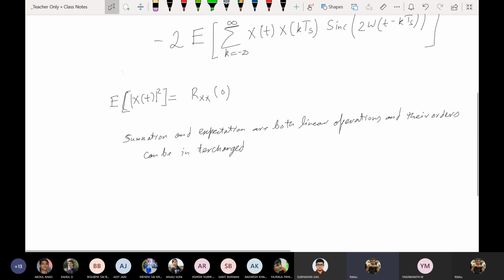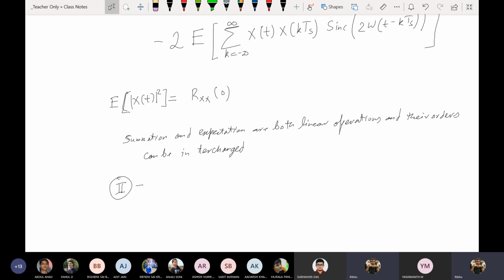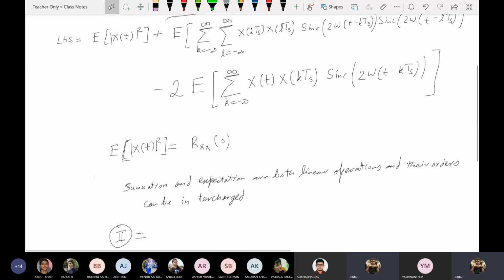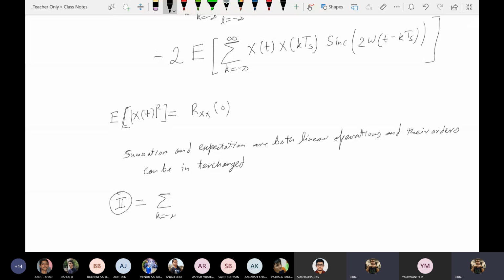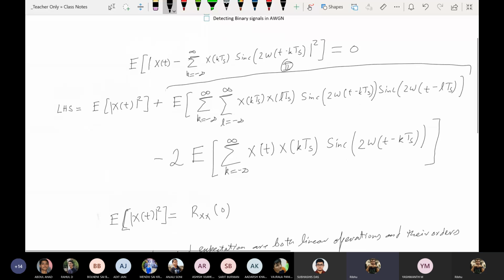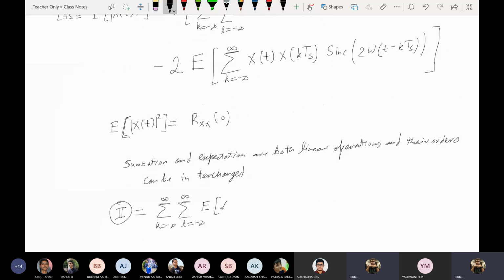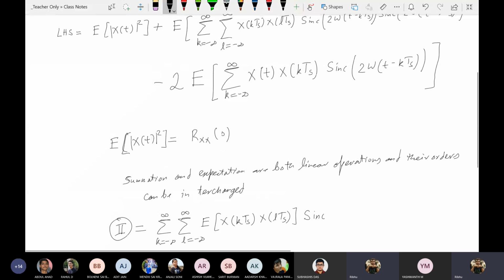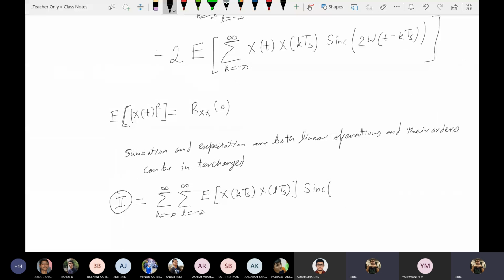So term 2 I can write as summation k from minus infinity to infinity, l from minus infinity to infinity, expectation of X(kTs) X(lTs), sinc(2Wt minus kTs) sinc(2Wt minus lTs).